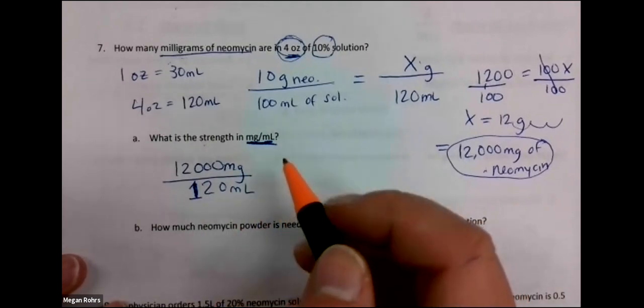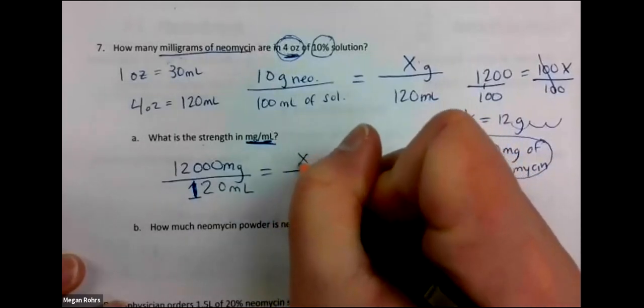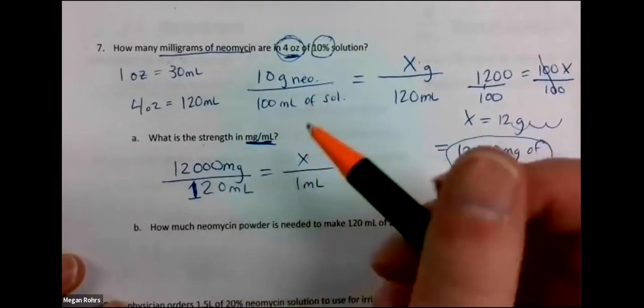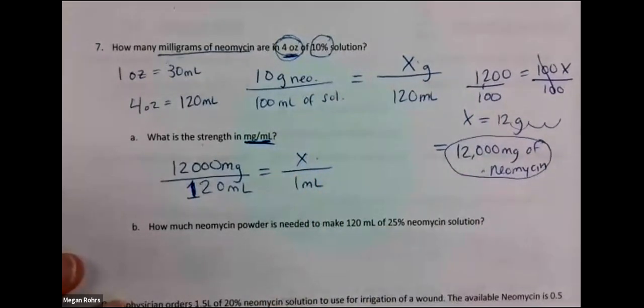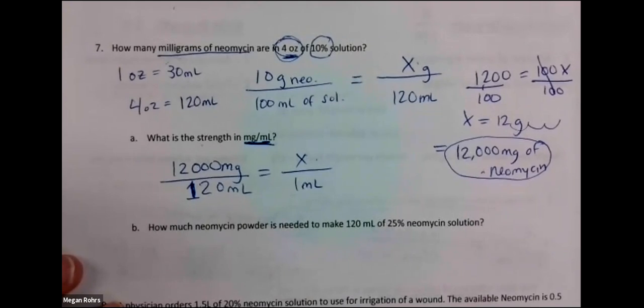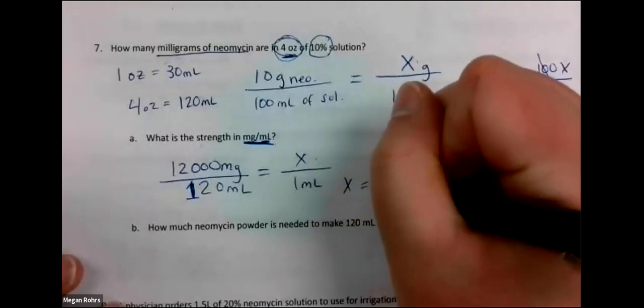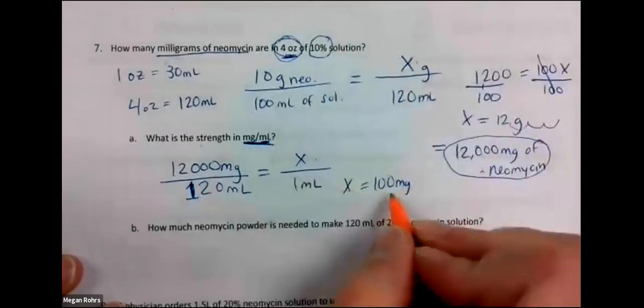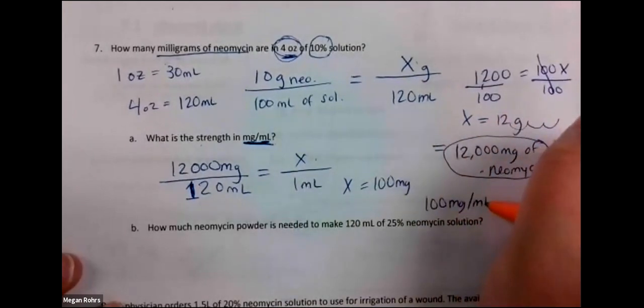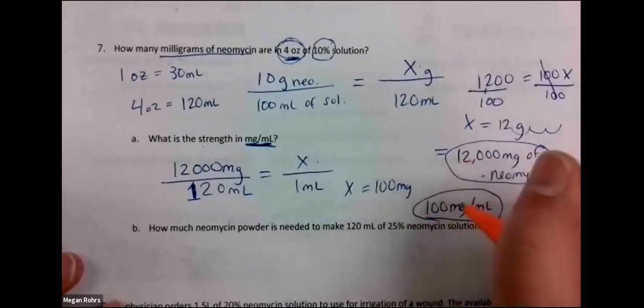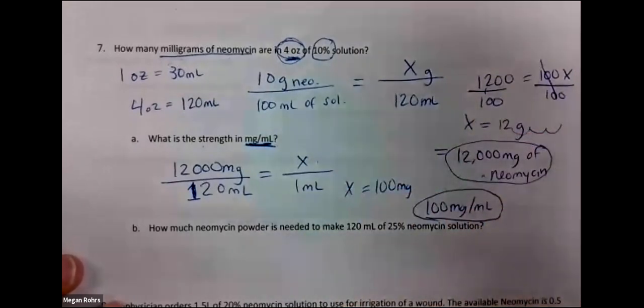Or if it helps you to see this visually, just set this equal to x over 1 mil. So we'll be solving for milligrams per 1 mil. So if I take my 12,000 and I divide that by 120, that leaves me with 100 milligrams on top. So my strength would be 100 milligrams per every 1 milliliter.